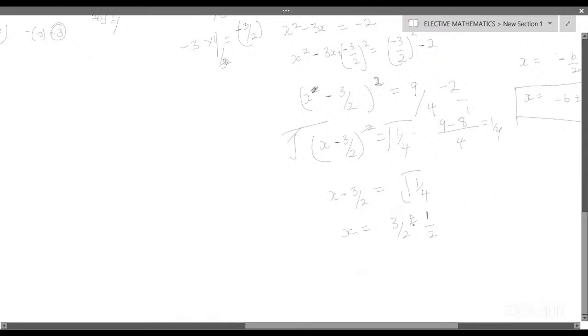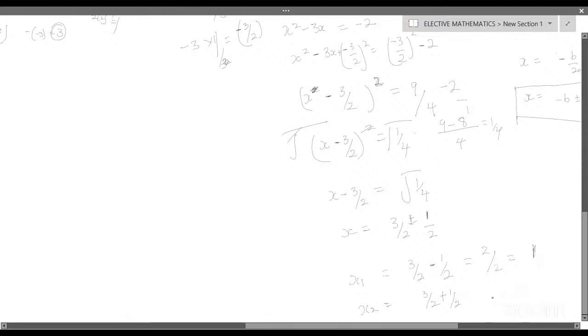So now, since we have plus or minus, it means you have x1 to be what? 3 over 2 minus 1 over 2. And then x2 to be what? 3 over 2 plus 1 over 2. So this one, what are we going to get? We are going to get 2 over 2, which is going to give us 1.